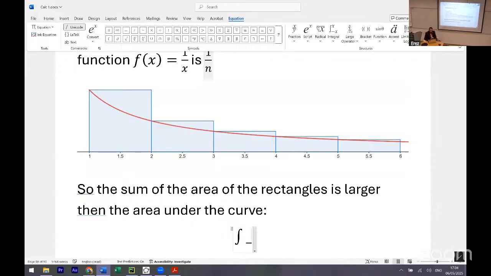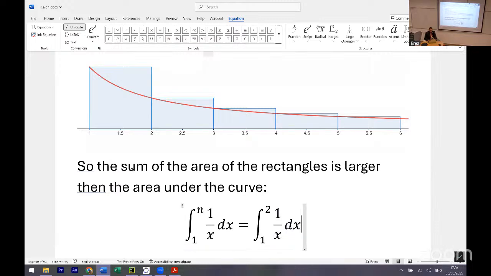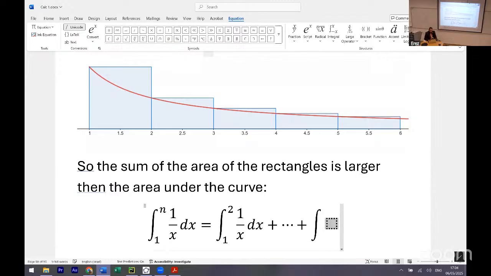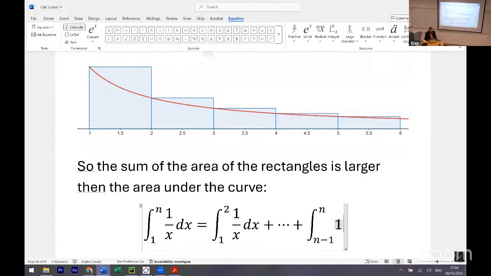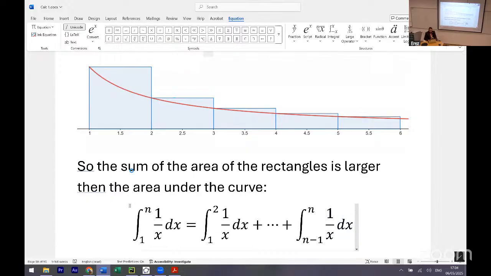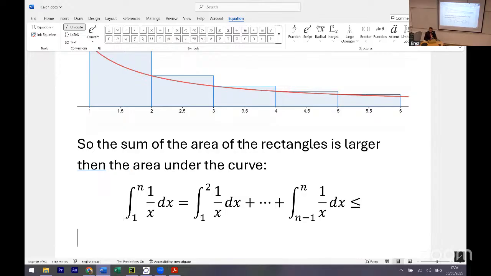I'm saying the integral from 1 to n of 1/x dx, we can split it into integrals between 1 and 2, plus until the integral from n-1 to n, which is smaller than.